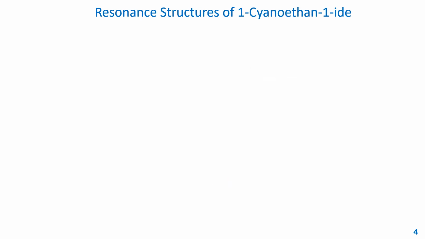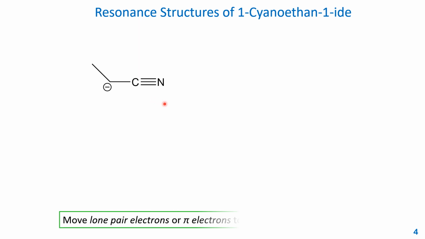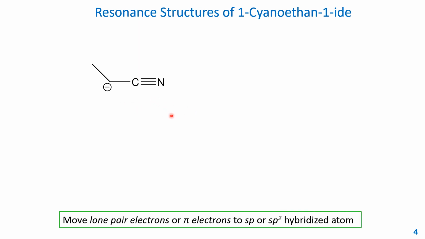Another example is cyanoethanide. So that is a carbon anion with a cyano group here. And look, this carbon has a lone pair, and this carbon is sp hybrid. So you can draw a resonance structure. Just push this lone pair back, form a pi bond, and at the same time break the pi bond here, so this sp hybrid carbon can accept.